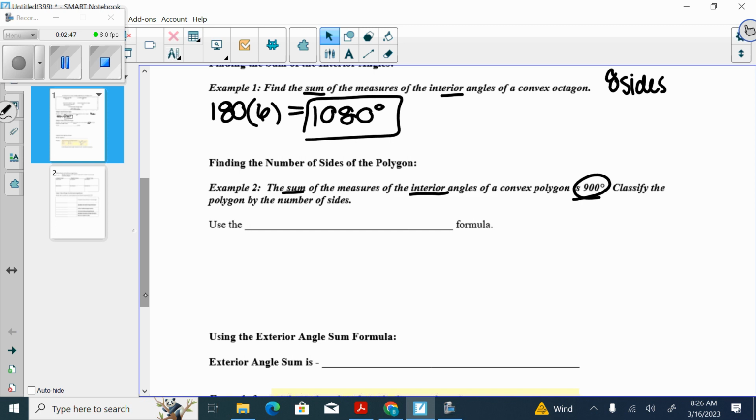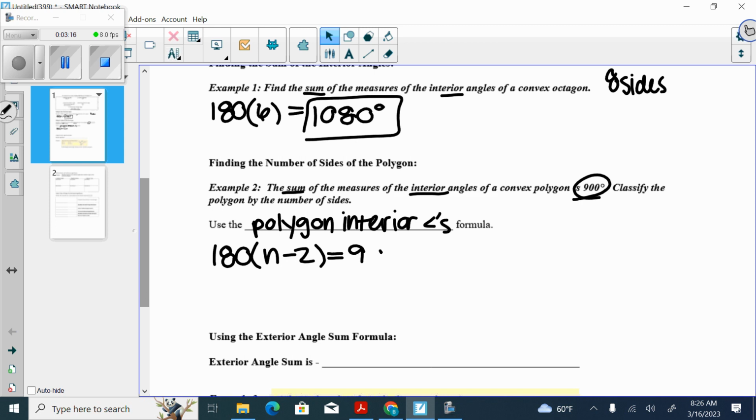So this would be us using the polygon interior angles formula, which we just used up here: 180 times n minus 2, where we currently don't know n, the number of sides, is equal to that sum, which they said was 900. This time we weren't looking for each angle, they just wanted the sum, so we don't need to divide by anything.